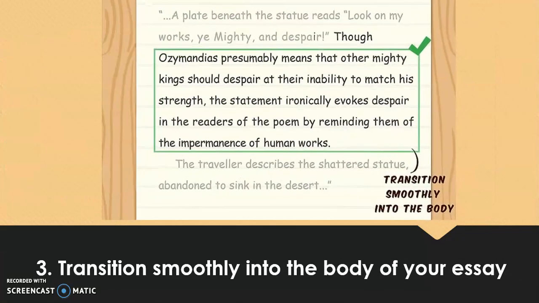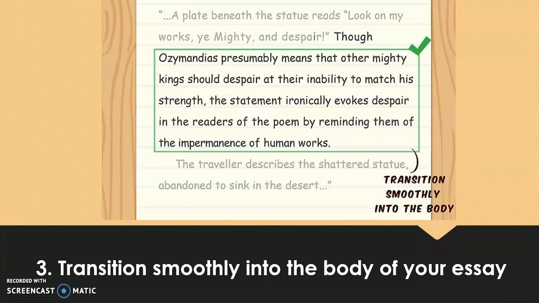Transition smoothly into the body of your essay. In many cases, you will find that you can move straight from your introduction to the first paragraph of the body. Some introductions, however, may require a short transitional sentence at the end to flow naturally into the rest of your essay.